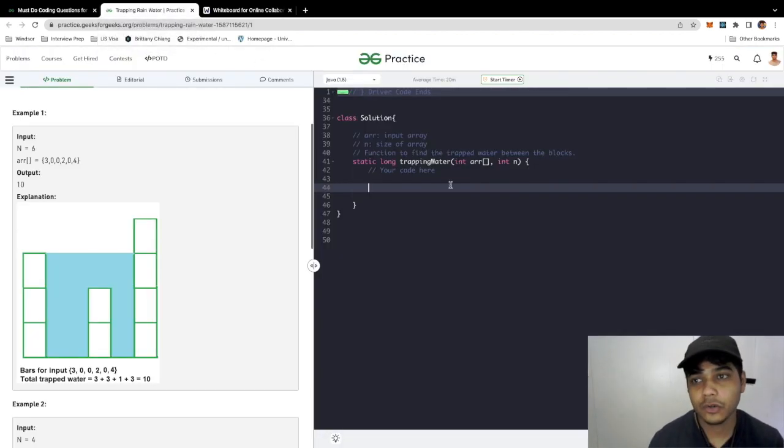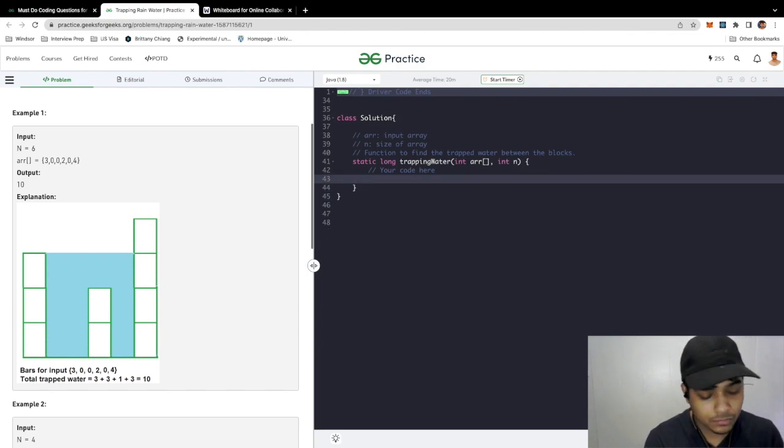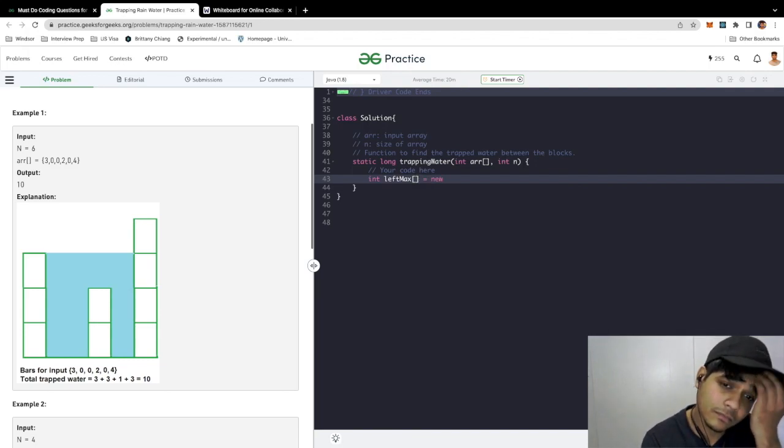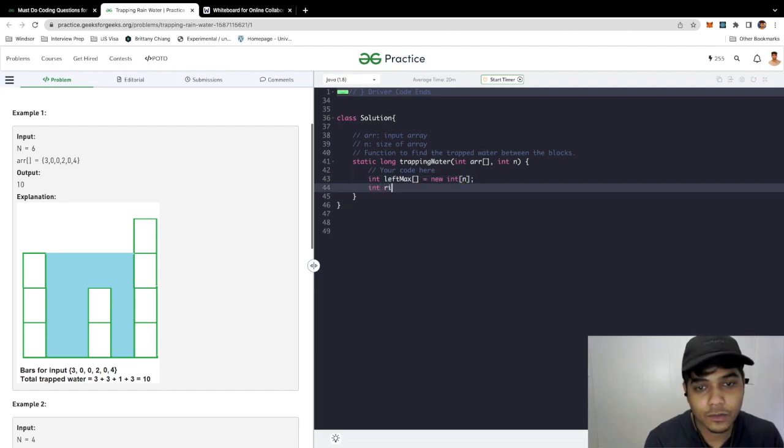So I'm going to code this in Java just because I like using Java. As I told you before, we will have 3 variables. So left max, which is going to be, wait, I don't know if the syntax is right for this one, but we'll go with this. int right max, new int of size n, because n is the length of the array.